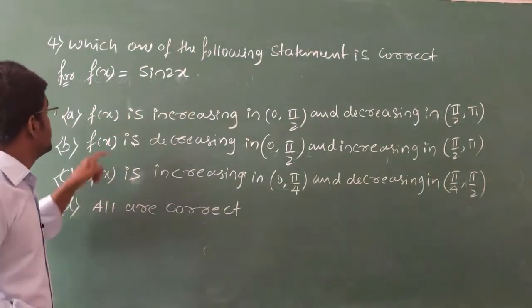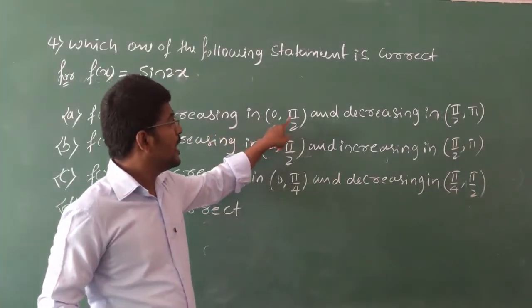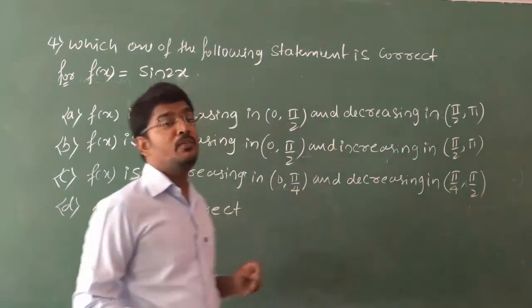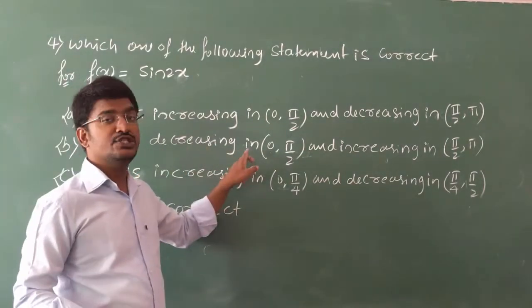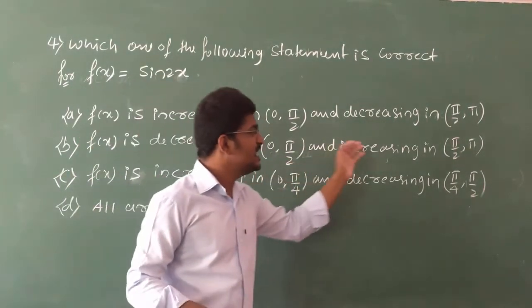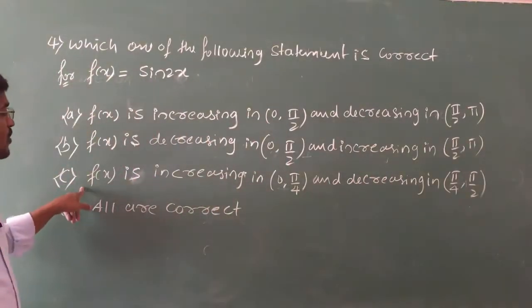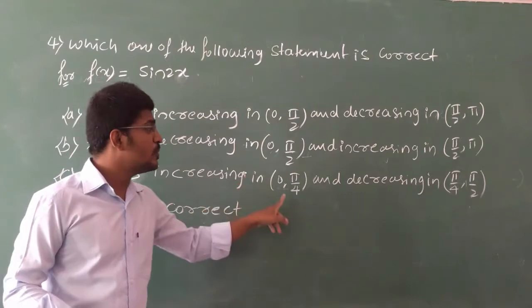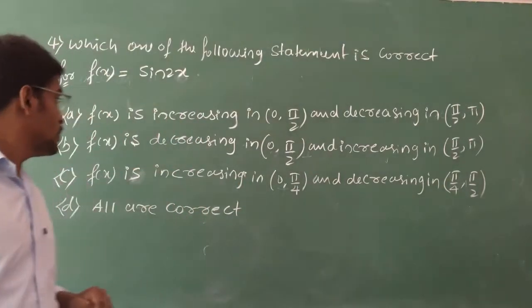Option A: f of x is increasing in (0, pi by 2) and decreasing in (pi by 2, pi). Option B: f of x is decreasing in (0, pi by 2) and increasing in (pi by 2, pi). Option C: f of x is increasing in (0, pi by 4) and decreasing in (pi by 4, pi by 2).